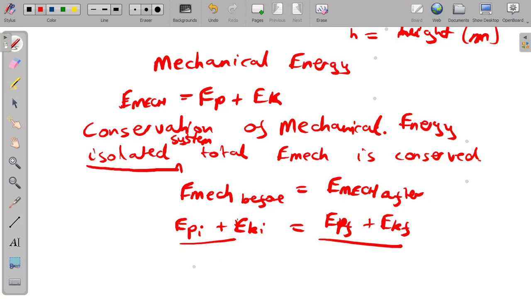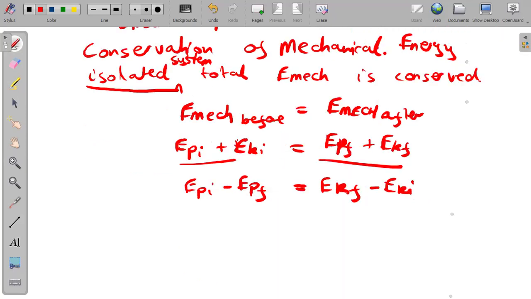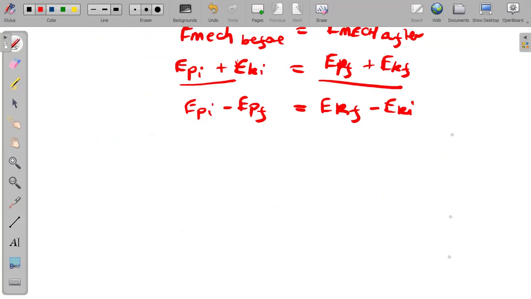Let's make a small rearrangement. I'm just going to take EPI minus EPF, taking EPF the other side, and also EKF minus EKI. We're just rearranging the equation that we have created there.